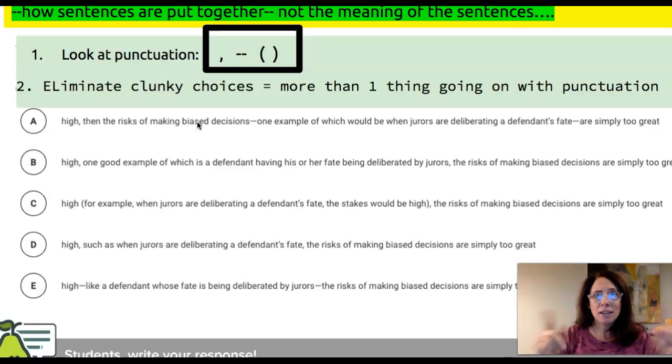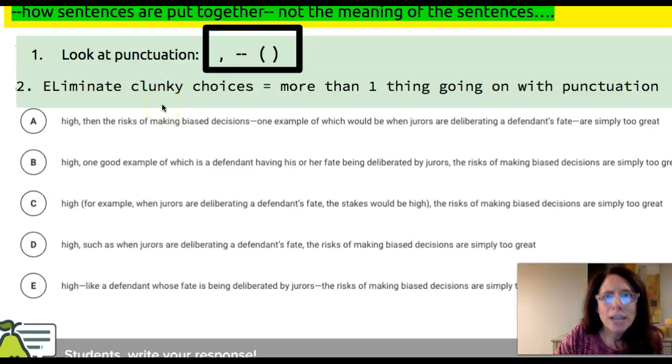It's fine to add in new information and sidebar it with 2 commas, even 2 dashes. We do that all the time, right? But the minute that becomes extended and you are throwing in a whole stretch of writing, many, many words with 2 commas and two dashes, that becomes too much for our brain as readers to work through. So eliminate the clunky choice.